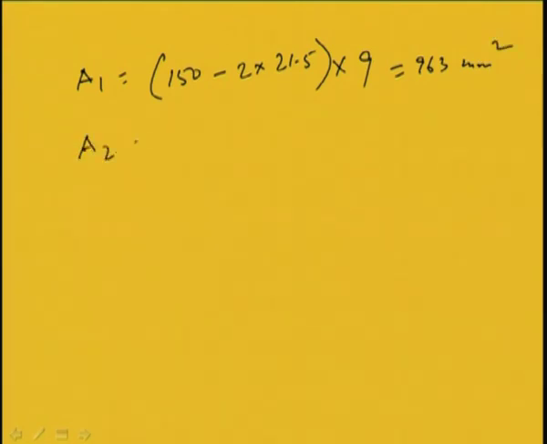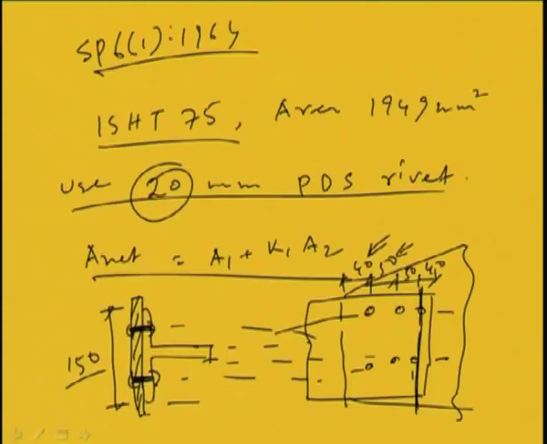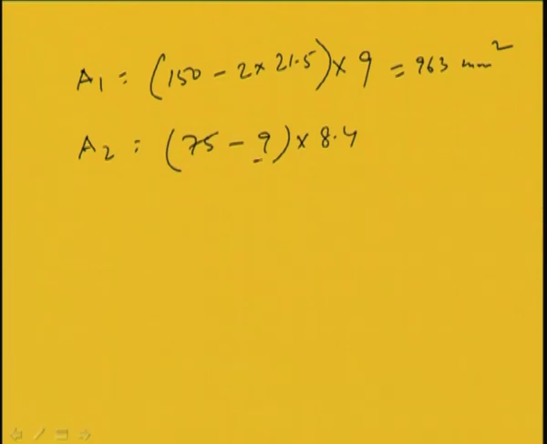Similarly, A2 is the area of the web, that is 75 minus 9 into thickness 8.4. This thickness is 8.4 and this thickness is given as 9. When I calculate this, I have to reduce the 9 for the next one, that is why I have reduced 9. So this is coming to 554.4 millimeter square.